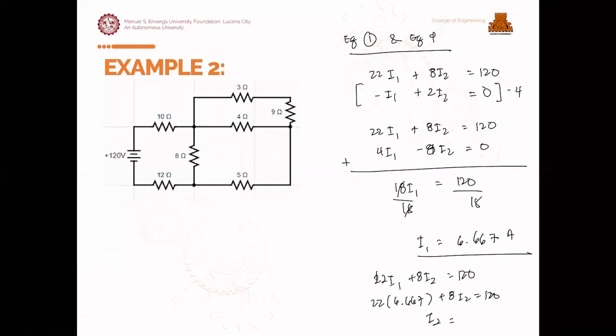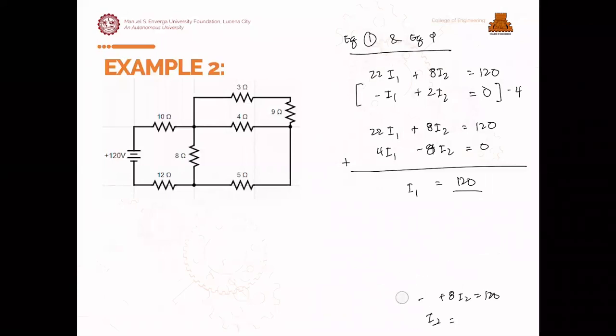Okay. Alam ko na yung mali. Dito, no? Hindi 18, 26 dapat. Okay. So, 26 or 26. So, I1 natin is equals to 4.615 amperes. Okay.